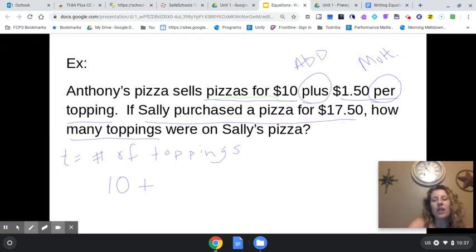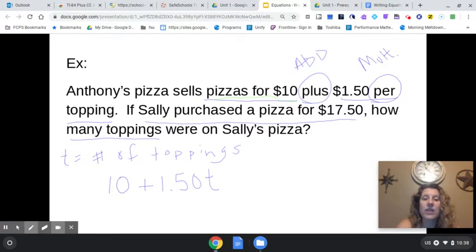So $1.50 per topping. Topping we said was T. So $1.50 times T. I'm just going to put $1.50T because without a symbol in between a number and a variable, it does mean multiply.